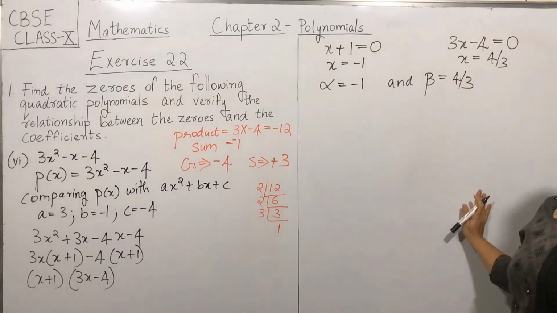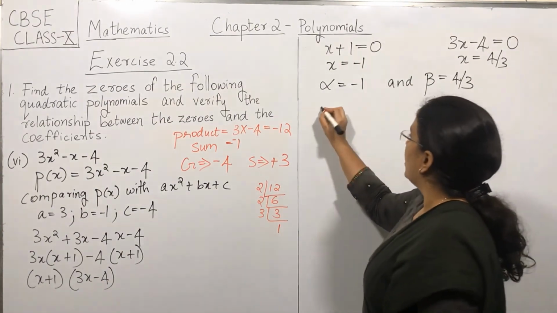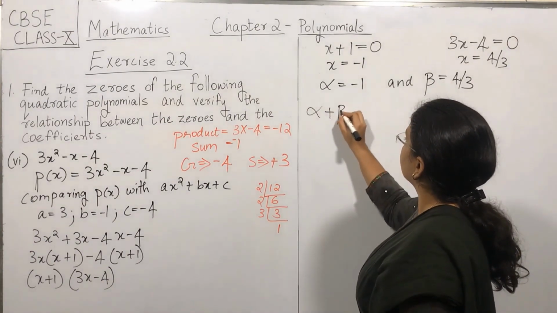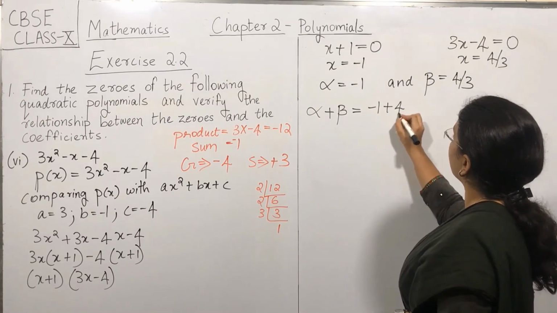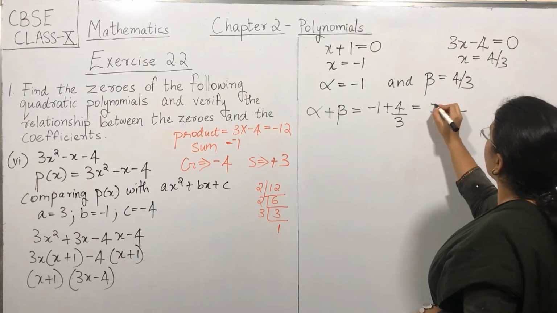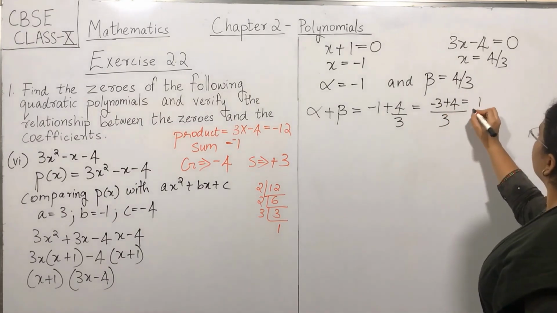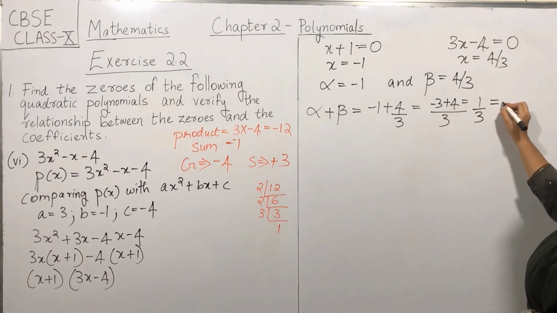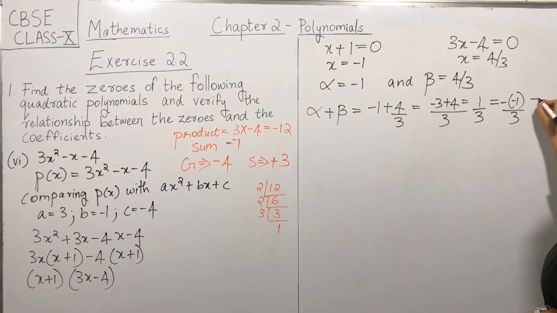Now we can verify the relationship between zeros and the coefficients. Alpha plus beta equals minus 1 plus 4 by 3. Taking 3 as LCM, minus 3 plus 4 equals 1 by 3, which can be written as minus of minus 1 by 3, which is equal to minus b by a.